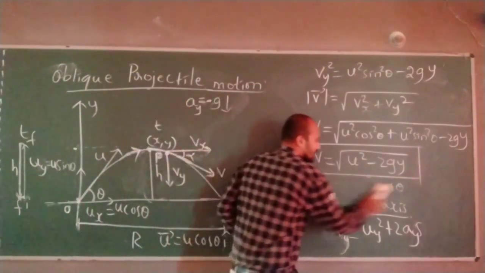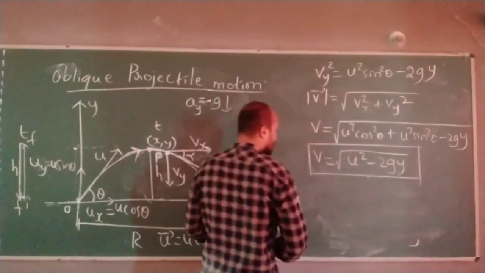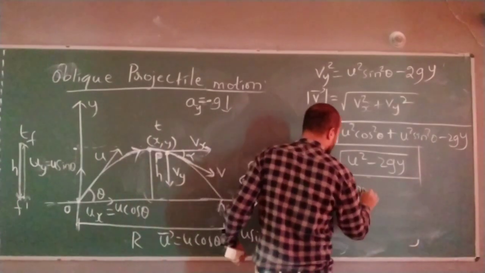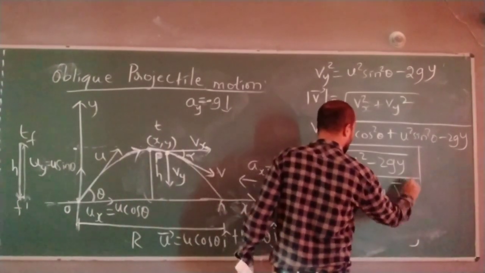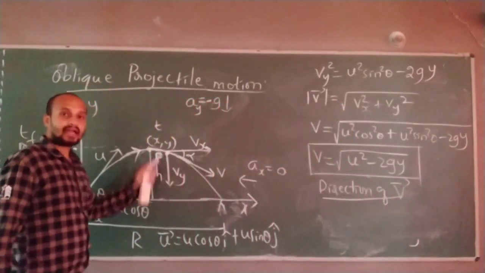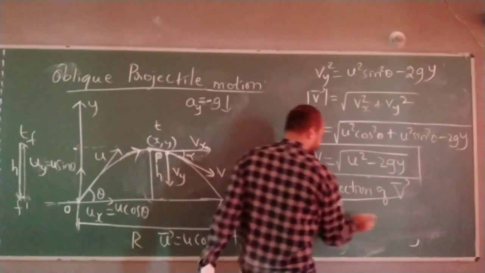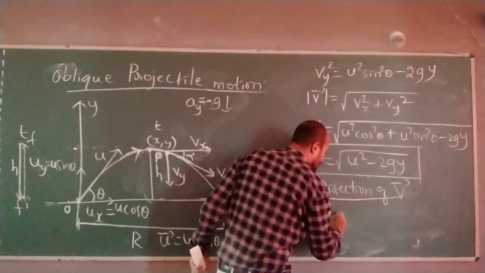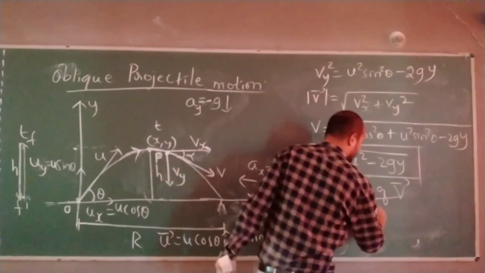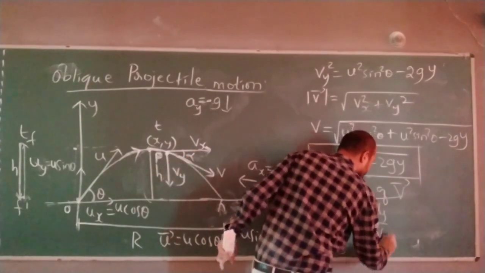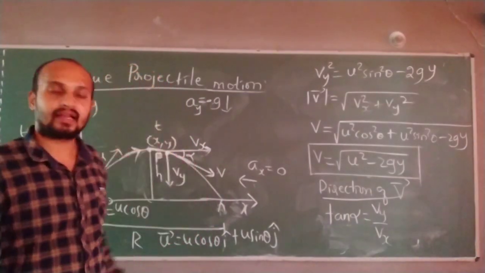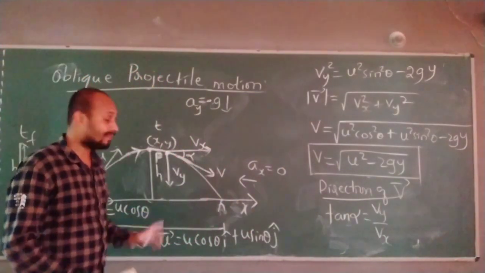Now let us find the direction of the V vector. The direction is measured by the angle alpha, where tan alpha is equal to Vy by Vx. Based on the given data, you find the direction. What is the given data?